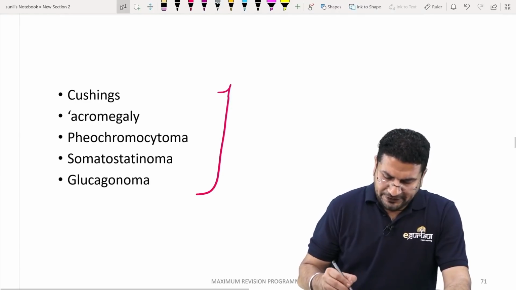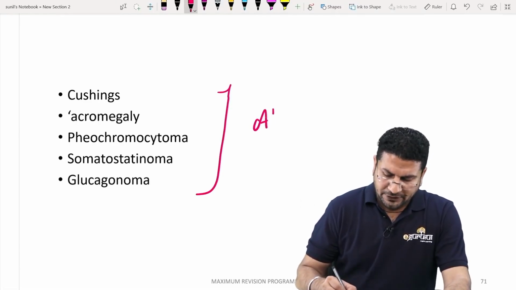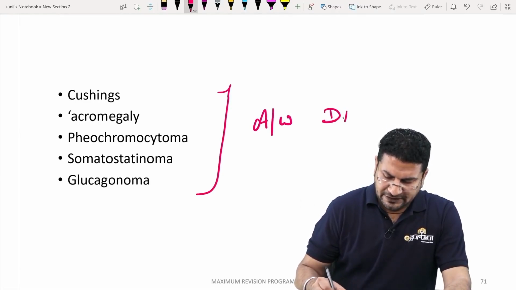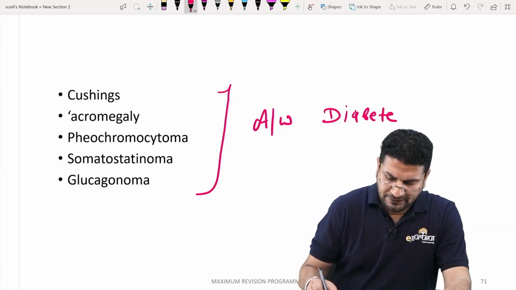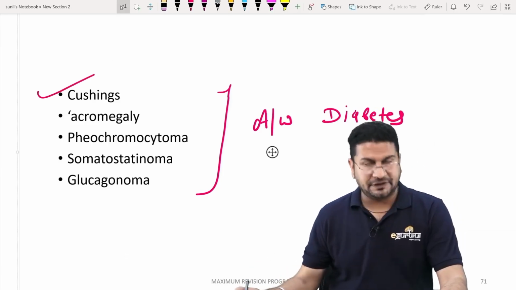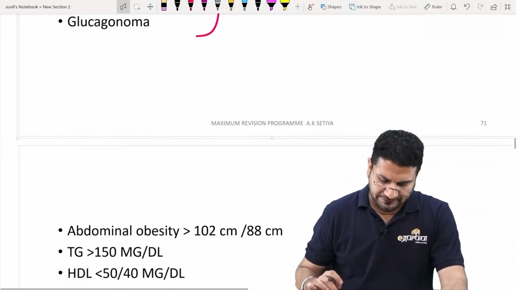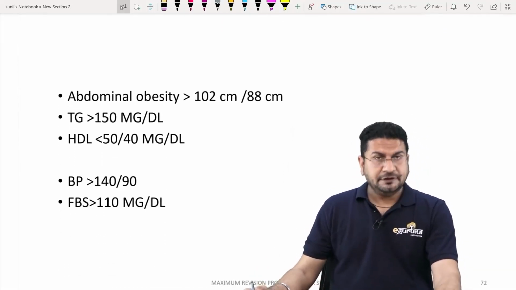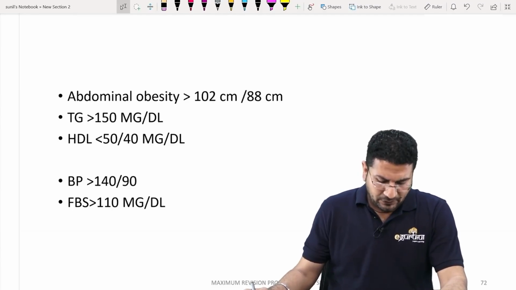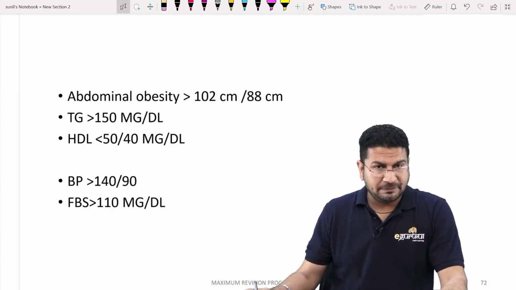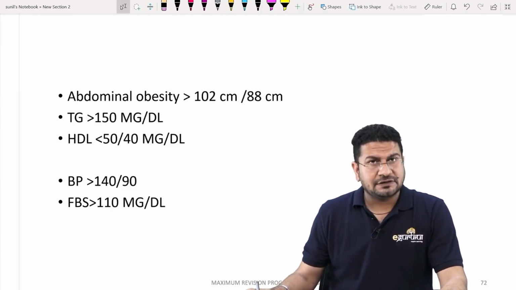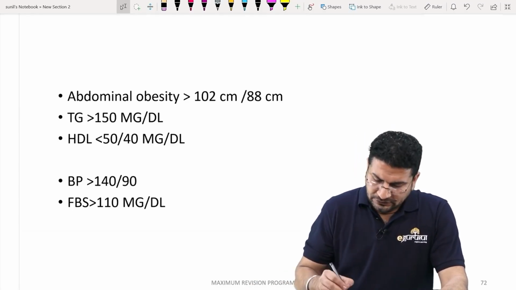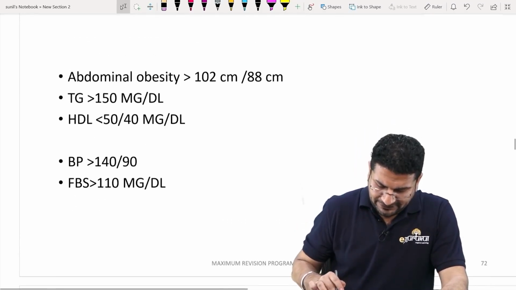These are other endocrine diseases which are associated with diabetes. What you have to remember is Cushing's. Cushing's is very important. Cushing's can be associated with diabetes. The patient is having abdominal obesity, triglycerides more, HDL levels less, blood pressure more, fasting blood sugar more. Let me try to simplify this.